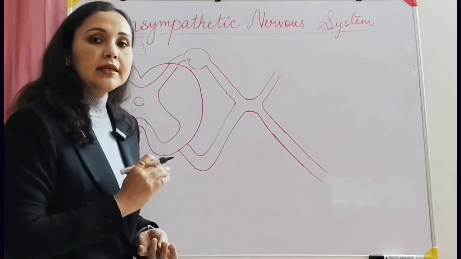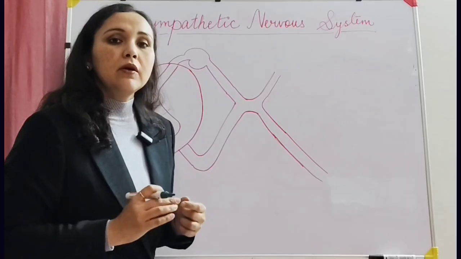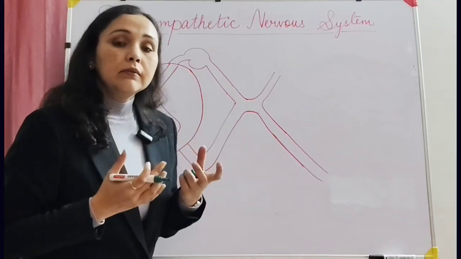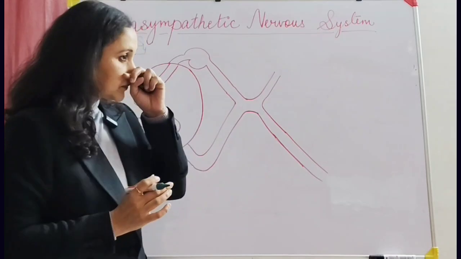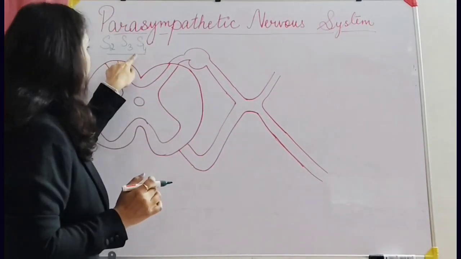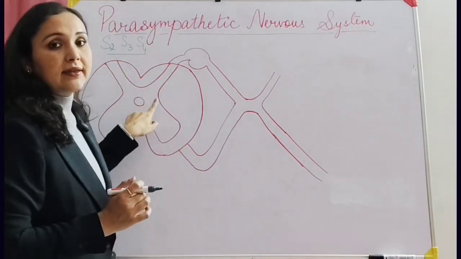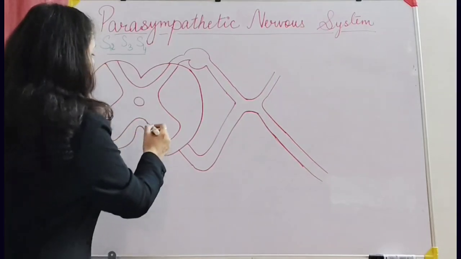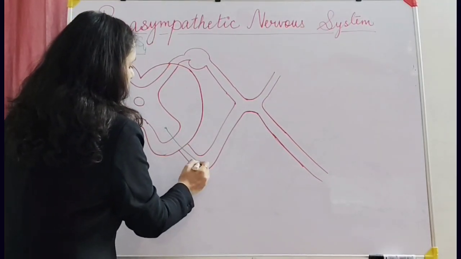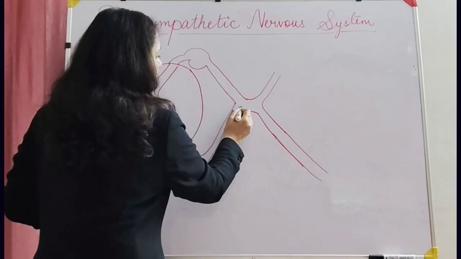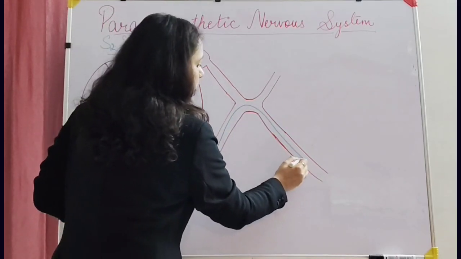But in these segments, we won't make it because they are not enough to form a grey horn. So the fibers arise from the nuclei in S2, S3, S4, then follow the ventral root, the spinal nerve and the ventral ramus.